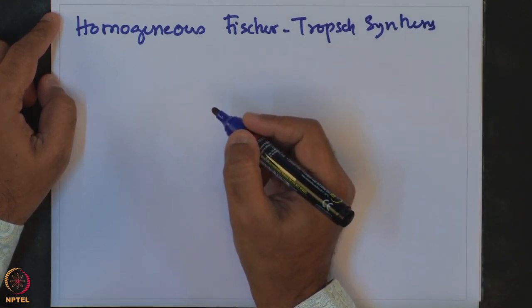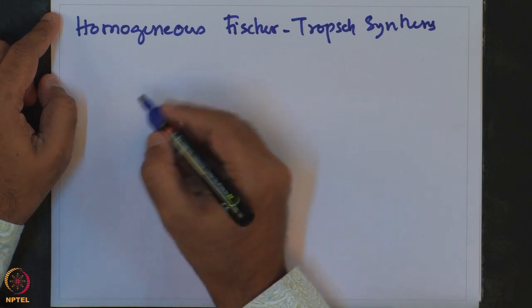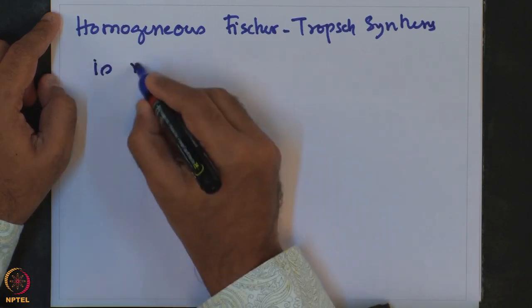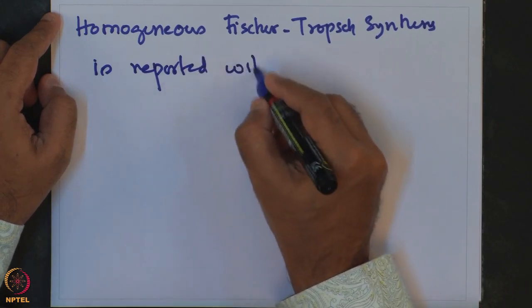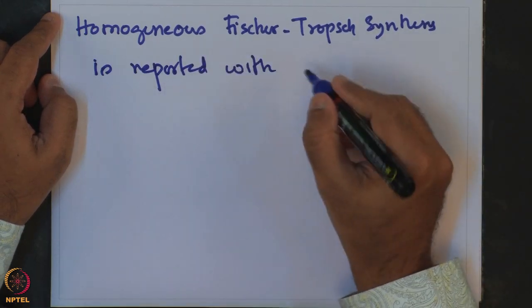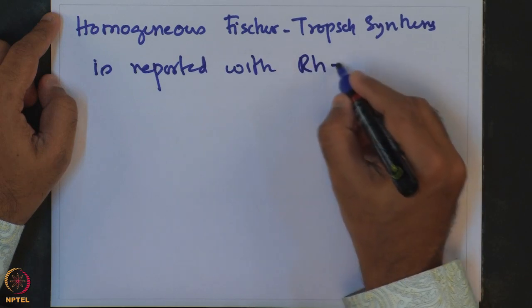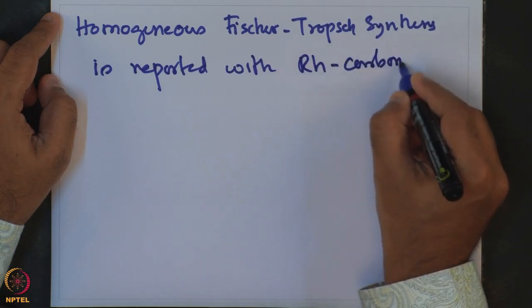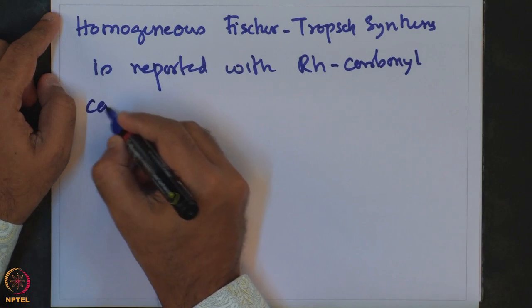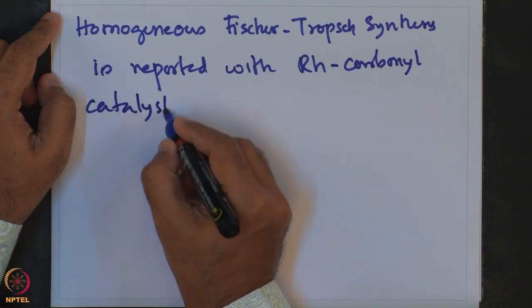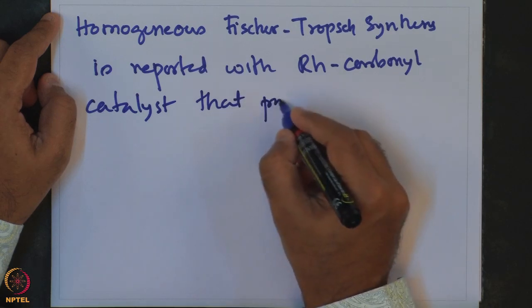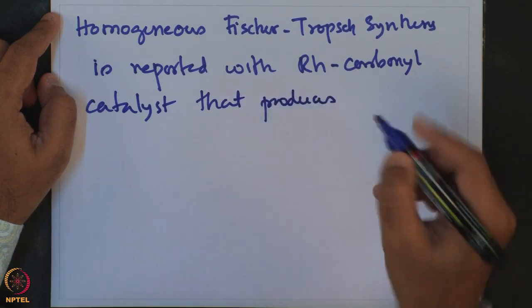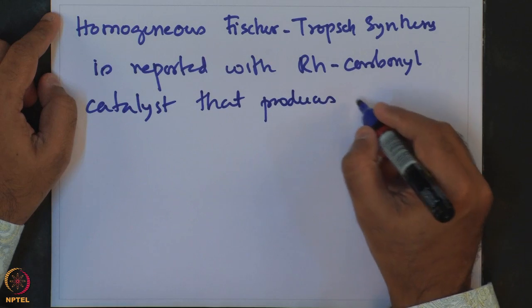So, the homogeneous counterpart of Fischer-Tropsch synthesis is reported with a rhodium carbonyl catalyst that produces ethylene glycol.